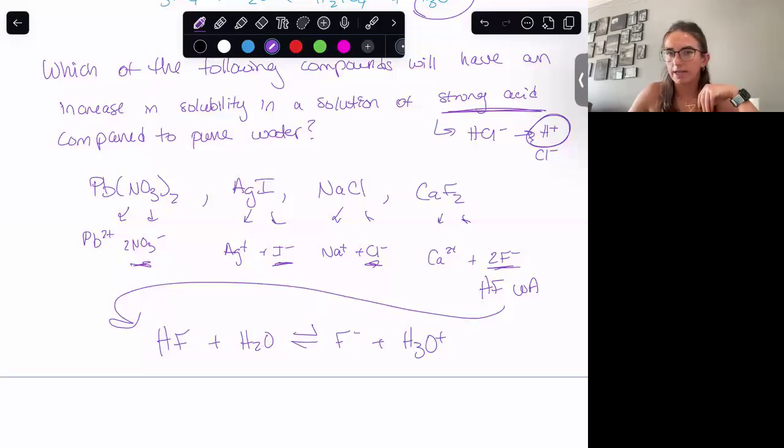So it has to be a weak acid because that will form a complex. If it's a strong acid, then it will stay completely dissociated and it's not taking any ions out of solution. Perfect.